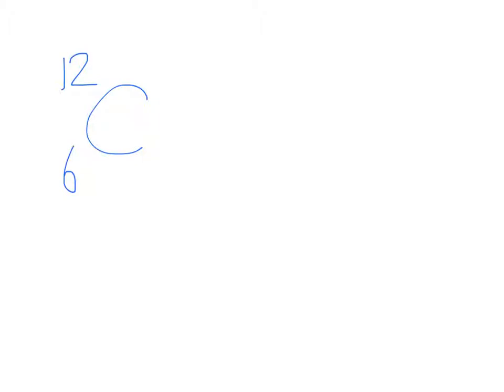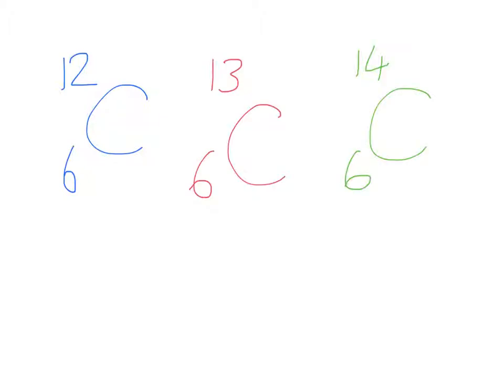We're now going to look at carbon-13 and carbon-14. We're going to draw them out, and then I'd like you to take a guess at how many neutrons are in each isotope. So, how many did you guess? We'll start with carbon-13.